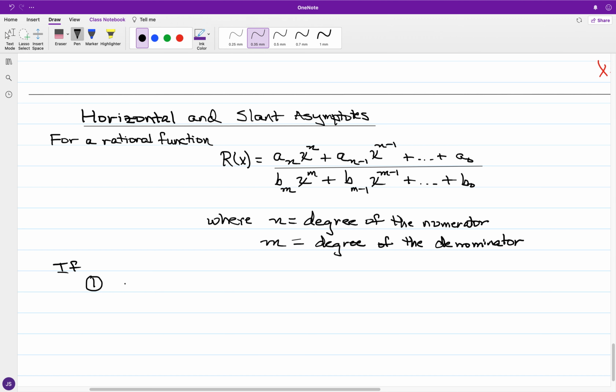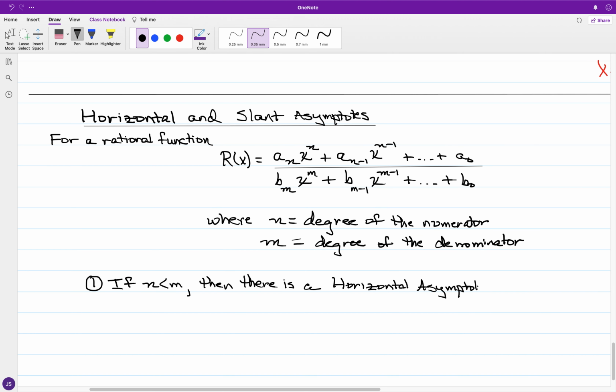First of all, if we have that n is less than m, then there's going to be a horizontal asymptote, and that's just going to be y is equal to 0. That is, if the degree of the numerator is less than that of the denominator.